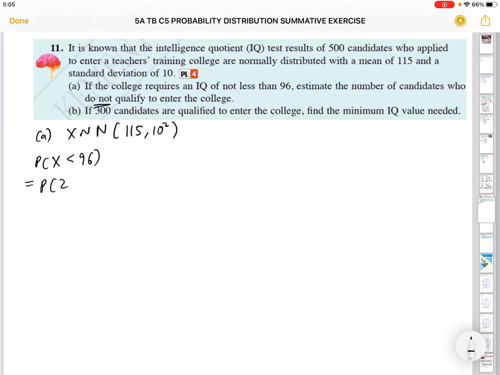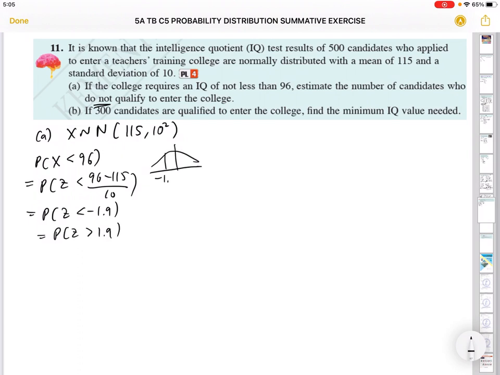You can flip it over. This is z more than 1.9. Now again, if you're not sure, negative 1.9 is here. You can't read this, you've got to flip it over to positive 1.9. Yeah. So, read directly from the mathematical table, you get 0.02872. Okay. Now, you have a total of 500 candidates, right?